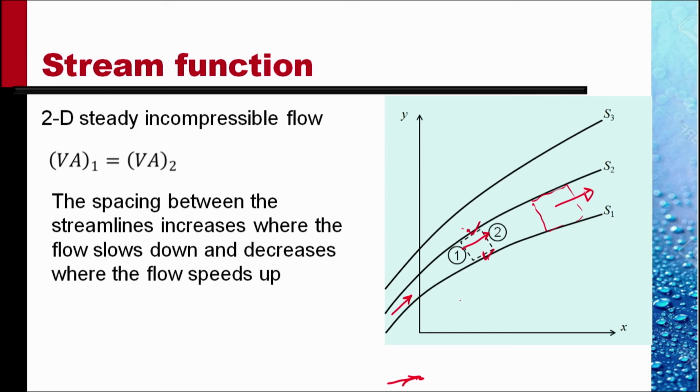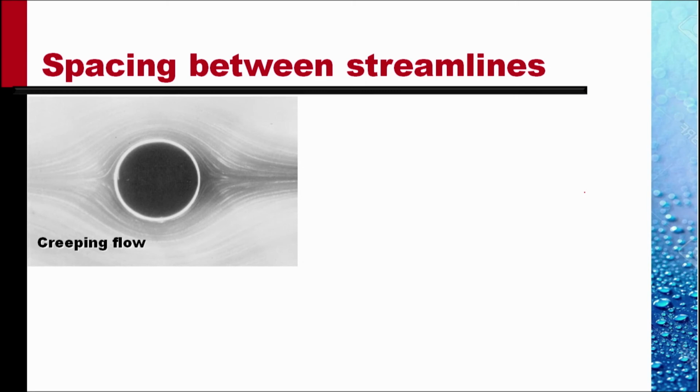This is illustrated very nicely by this example. Consider the creeping flow about a cylinder. A flow at very low velocities such that Reynolds number is much less than 1. This is a picture that we showed you earlier. The flow looks quite symmetric.